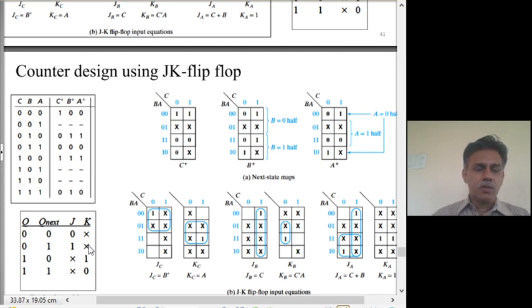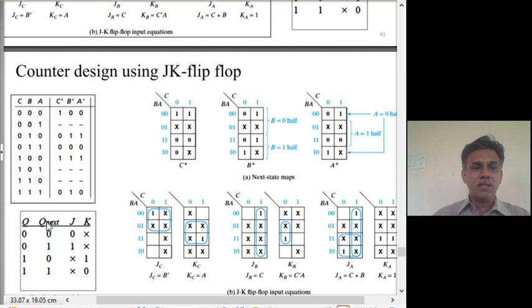Okay. So if you look at the map for KC, K of any bit, C or A or B, those squares that correspond to Q equal to 0 will all be filled by don't cares. Coming to this particular case of C, mentally imagine we are replacing all these by C's.